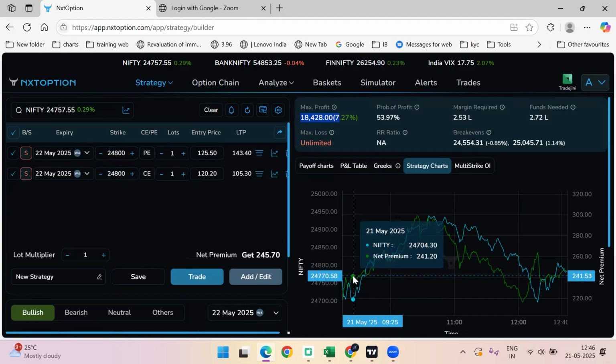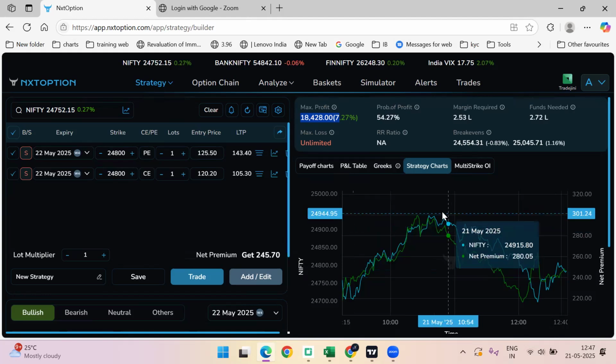But in the morning, the same strategy would have given you 24,668, because the premium in the morning was higher compared to now, again due to the theta factor. Suddenly the market rallied up. Still, due to theta decay, you were in a gain of 291 because the delta was not working against you.